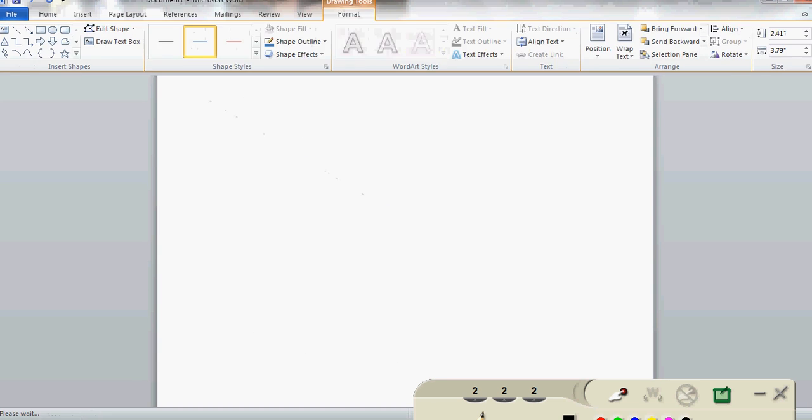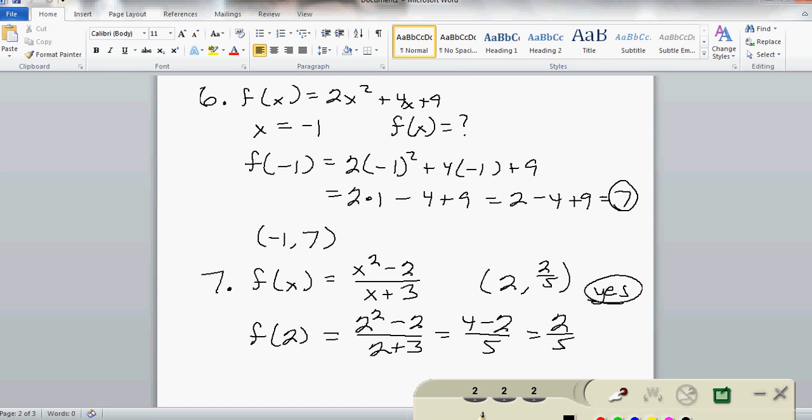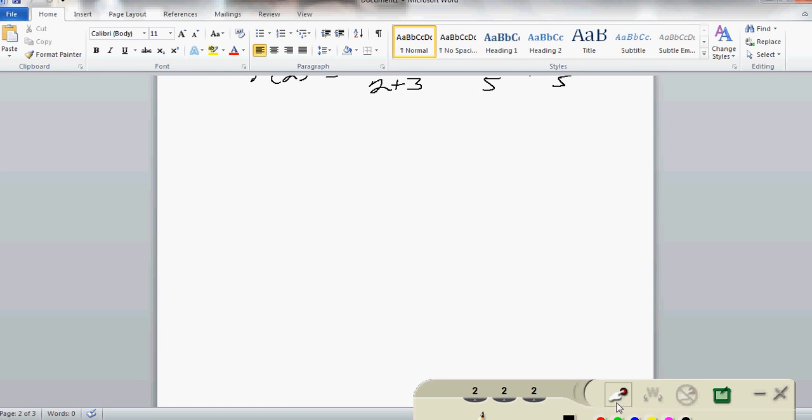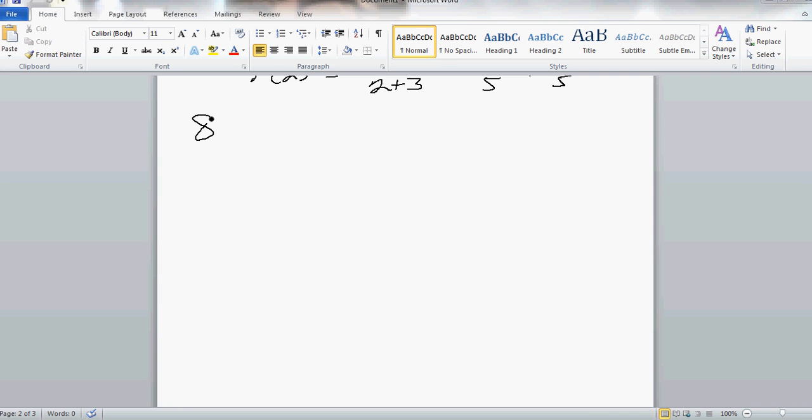And finally, example number 8. f of x equals (x squared plus 8) all over (x plus 4). We need to list the x-intercepts, if any. Well, x-intercepts means the y value is equal to 0.